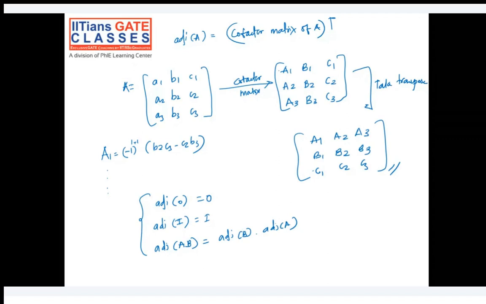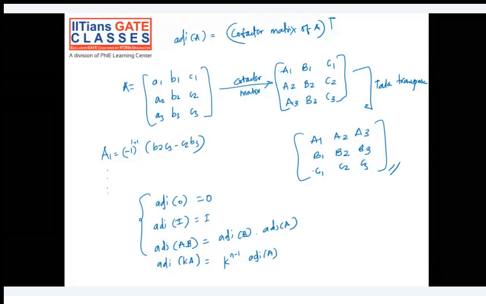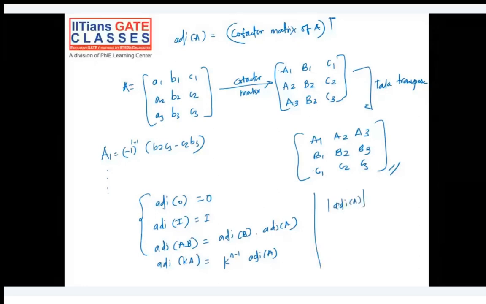Adjoint of kA is equal to k raised to the power n minus 1 adjoint of A. Read out this point, where k is the scalar and n is the order of the matrix A. The next property: determinant of adjoint of A is equal to determinant of A raised to the power n minus 1.